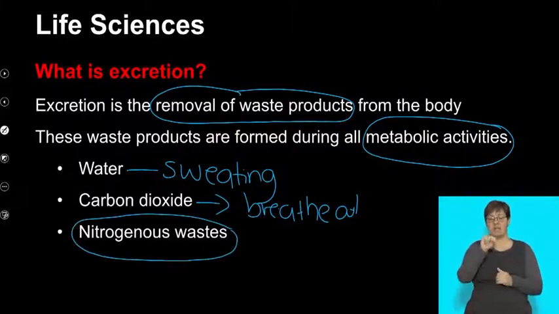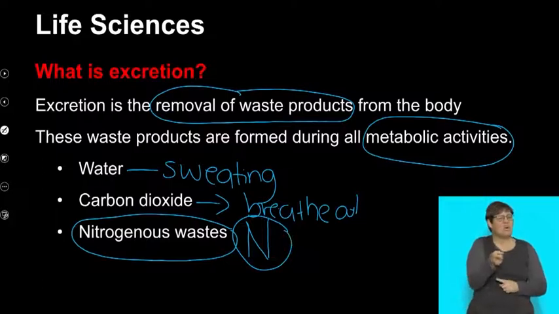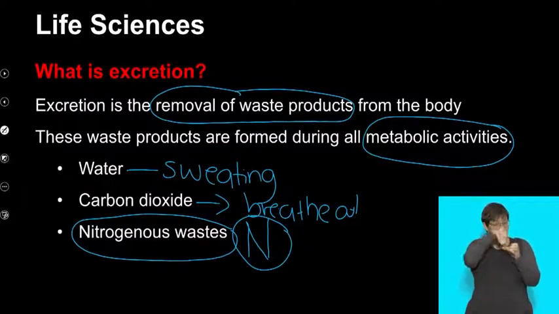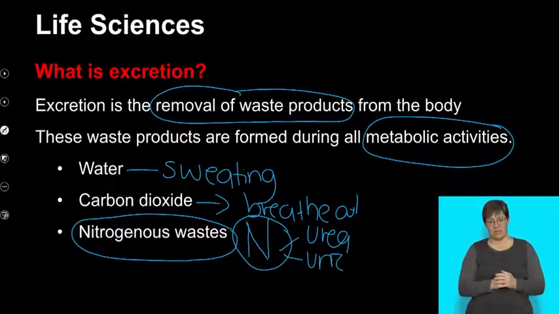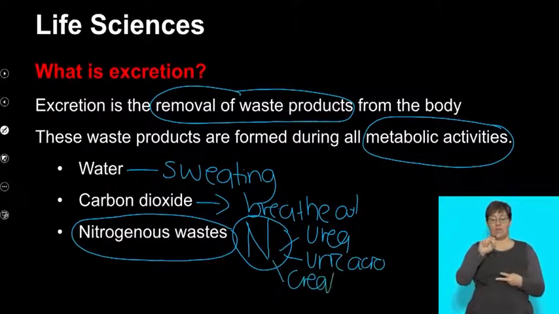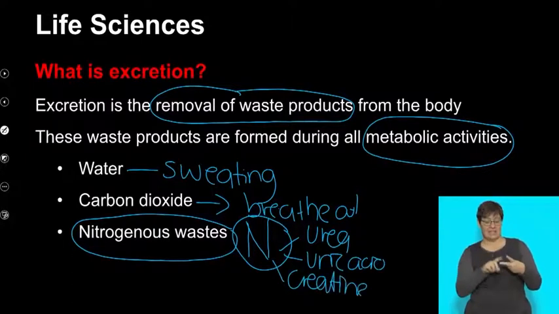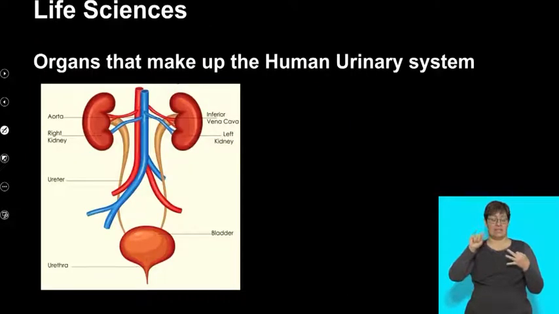Nitrogenous wastes usually have the element nitrogen, and we have to get rid of those because if we don't, they could be very detrimental to the body. The three that we looked at were urea, uric acid, and creatinine. Those were the three nitrogenous wastes.